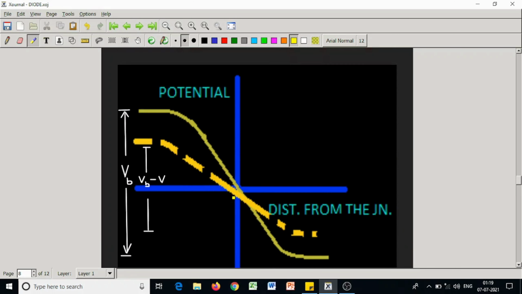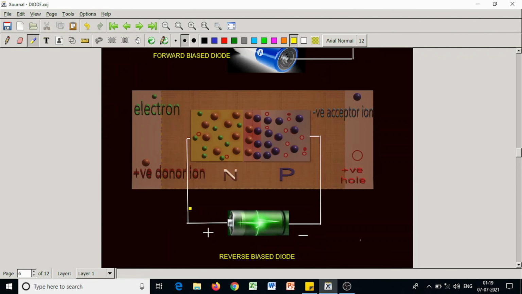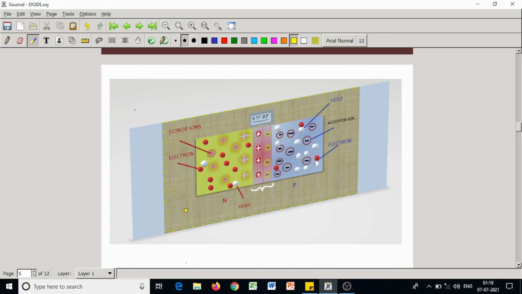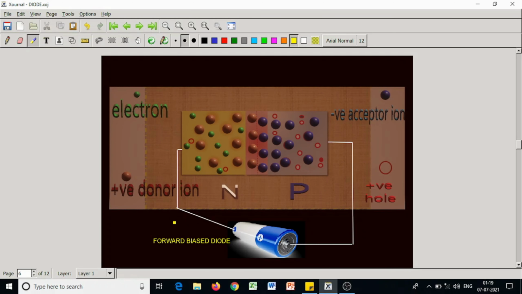So I am repeating all these things in a nutshell form. In an unbiased PN junction, there exists an intrinsic potential barrier VB, which tends to oppose the movement of majority holes from P side to N side and that of majority electrons from N side to P side.